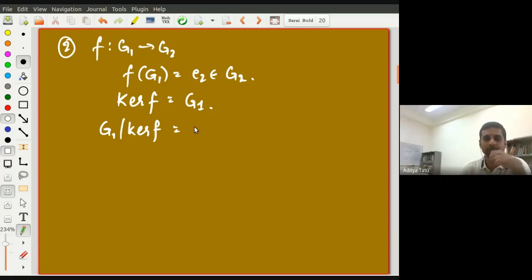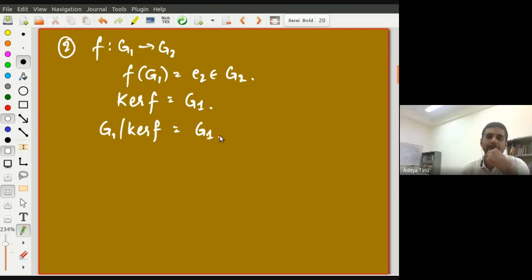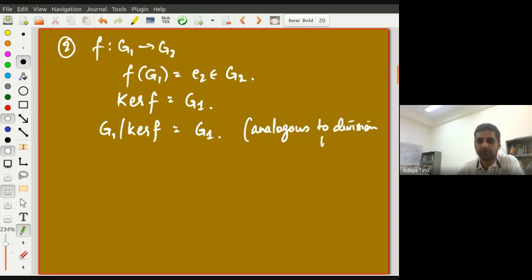What would be the only coset? G1 itself, but considered as a single element. Okay, so this is analogous to division by 1. No matter what your number is, the remainder will always be only 0.